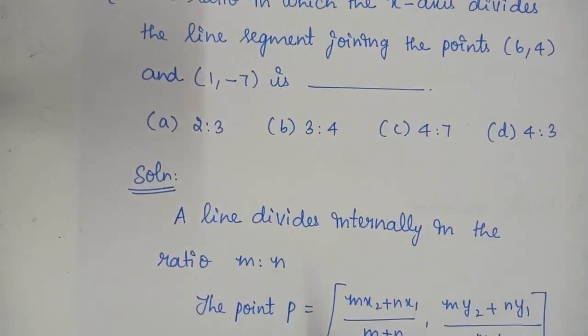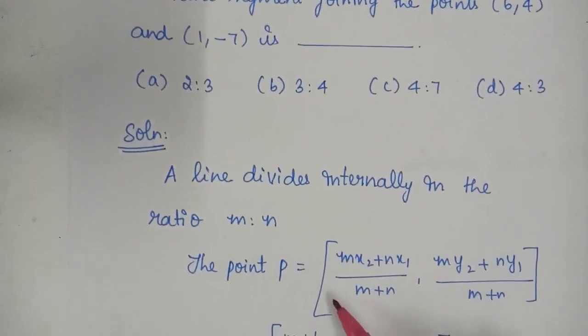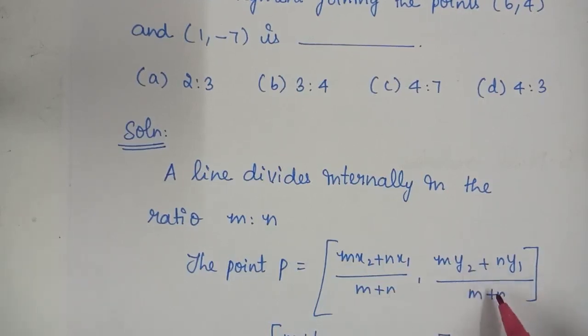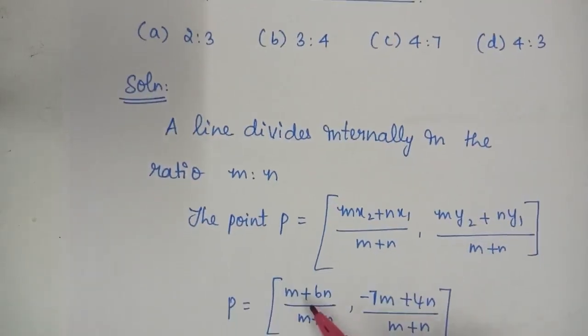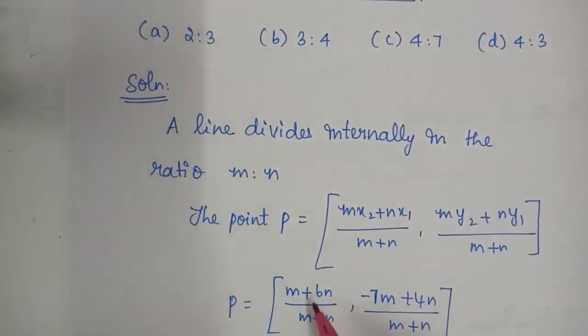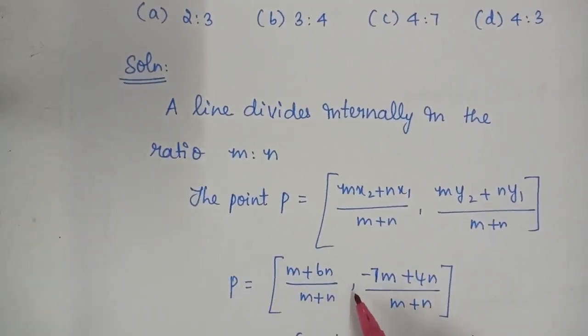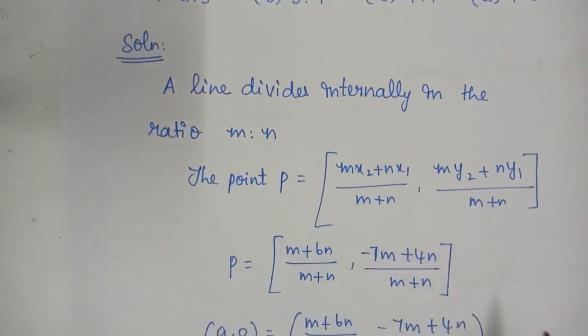So solution. A line divides internally in the ratio m is to n. That is the point P is equal to (mx2 plus nx1) divided by (m plus n), (my2 plus ny1) divided by (m plus n). We just substitute the points here: x2 value is 1, plus n into x1 value is 6, divided by (m plus n), y2 value is -7m plus y1 value is 4n divided by (m plus n).